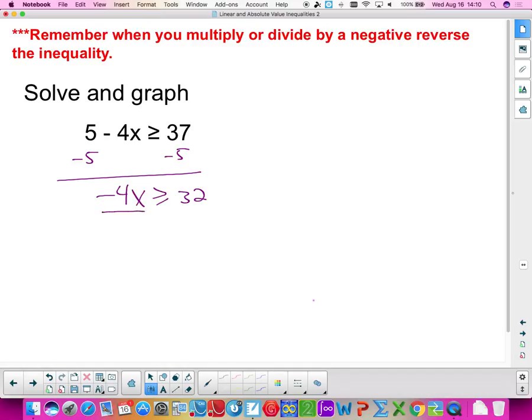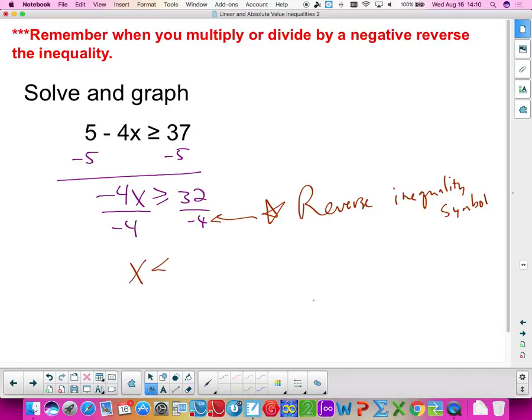And here's the red flag, because of the division by the negative. So x would be less than or equal to -8.